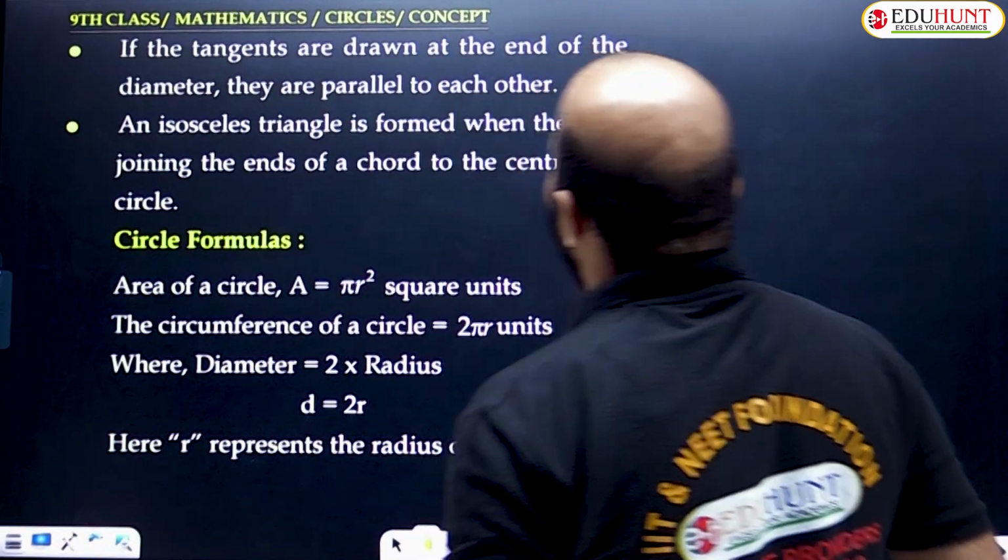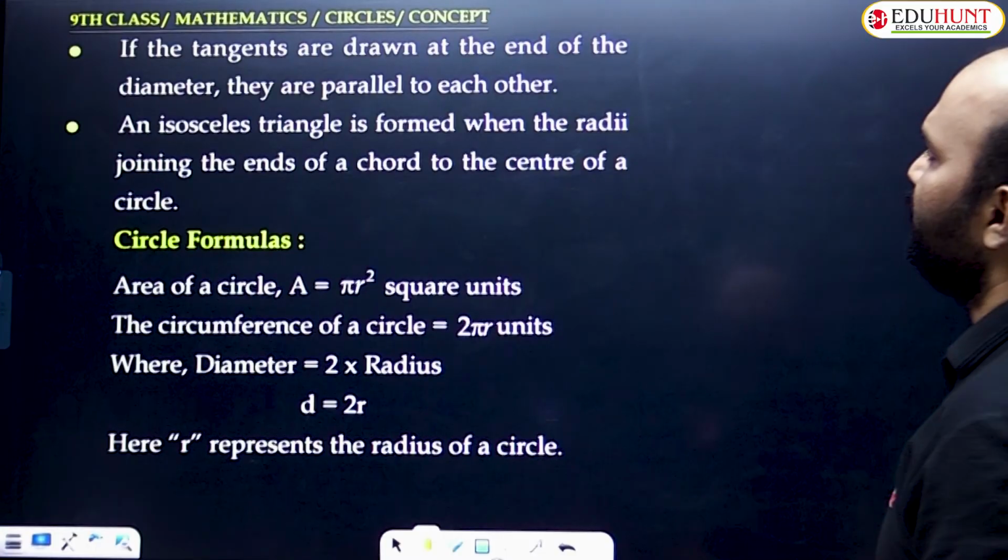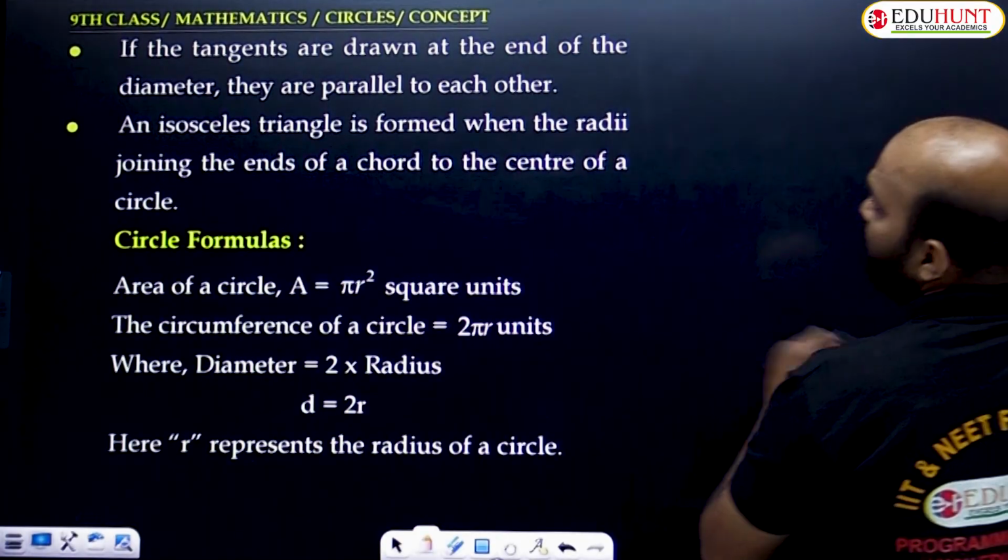If tangents are drawn at the ends of a diameter, they are parallel to each other. This is also an important point.